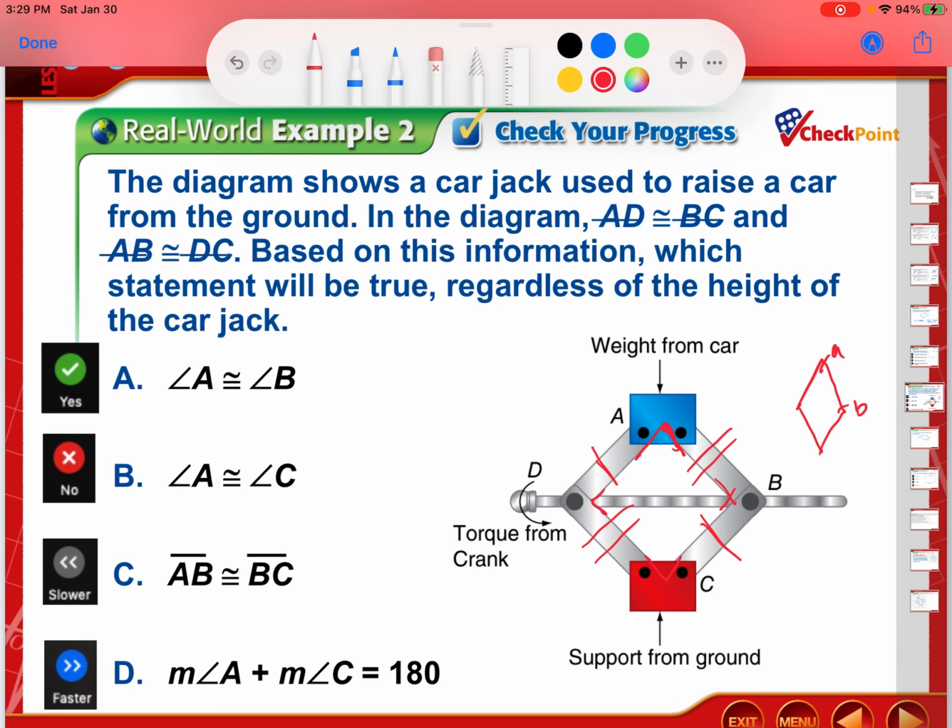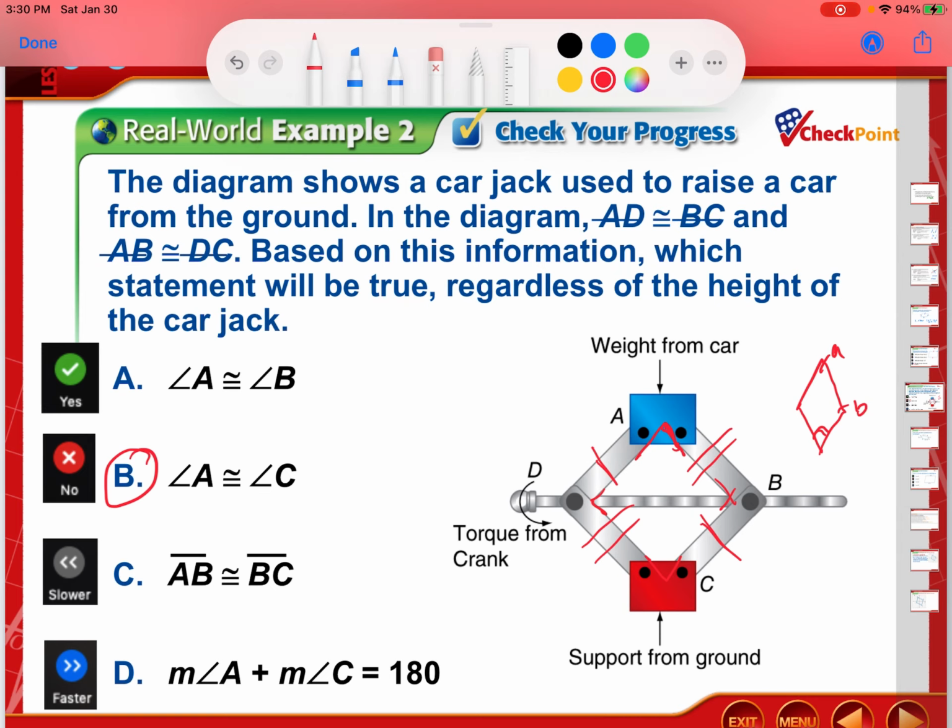Angle A and angle C should always be congruent because they are opposite angles. So I think that one has a pretty good chance here. Then we have line AB is congruent to line BC. We don't know that that's true. It could be, but we don't know.